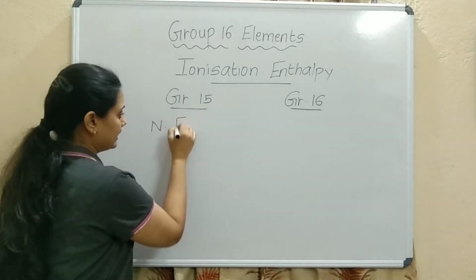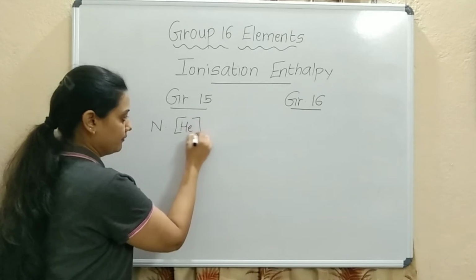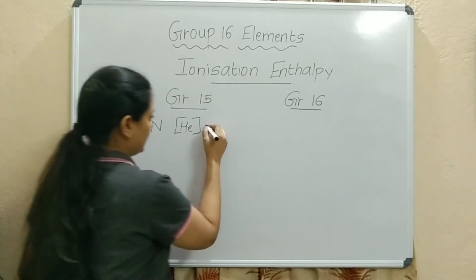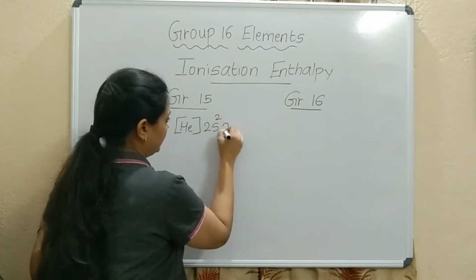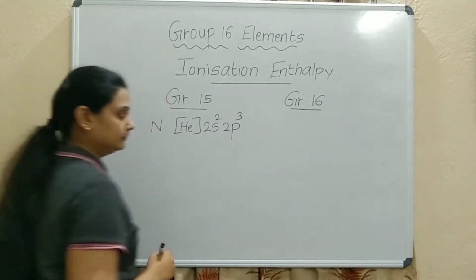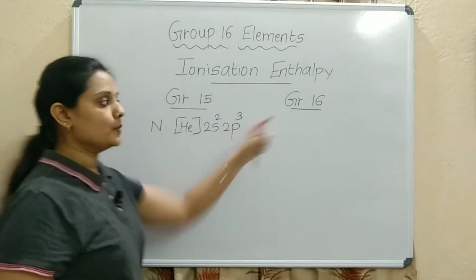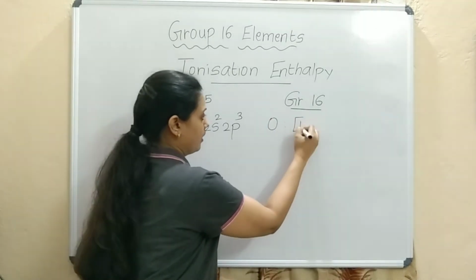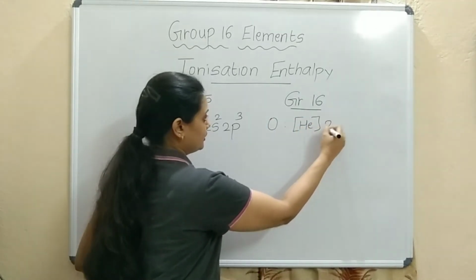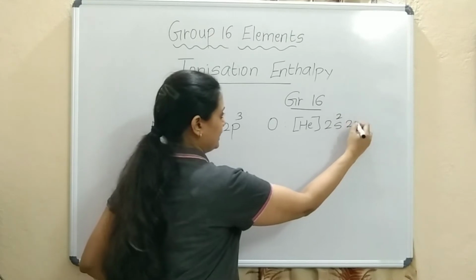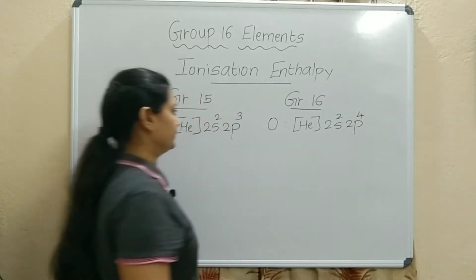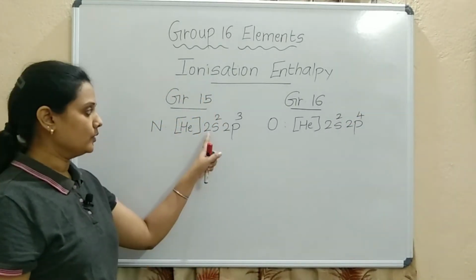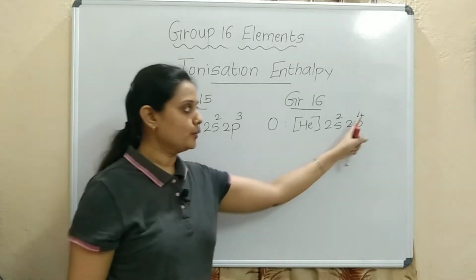We were writing the electronic configuration: helium configuration, 2s2, 2p3. Same way, group 16, the first element, is oxygen, with helium configuration 2s2, 2p4. Note: 2s2, 2p3 and 2s2, 2p4.